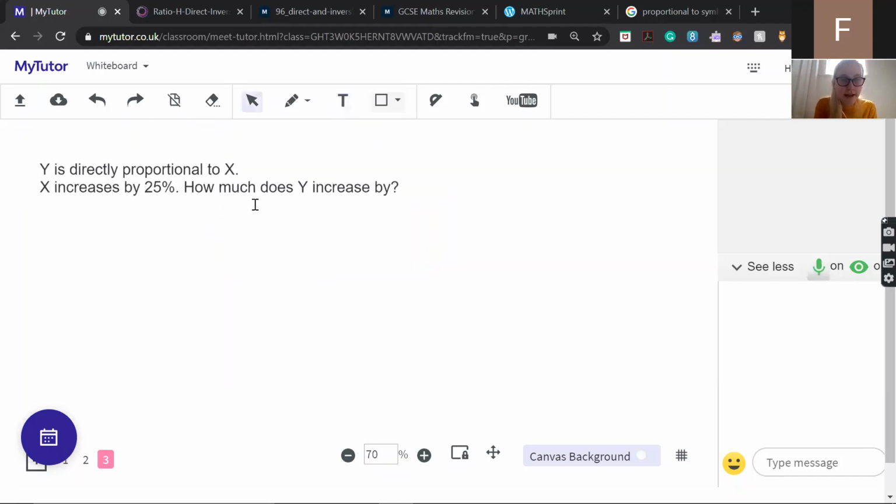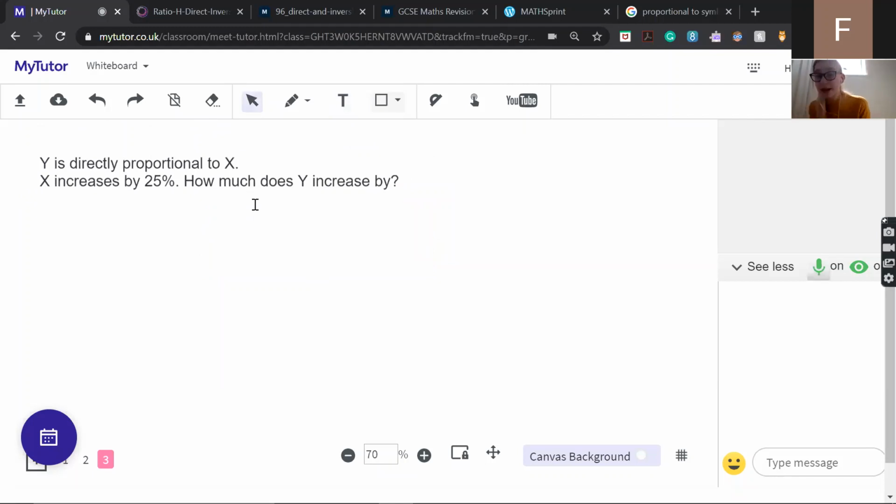So the point here is that without actually doing any maths, we know that because it's directly proportional, if X increases by 25%, Y increases by 25%. So this is technically a 1-mark question, right? It's 25%. But I'm going to show you how we would do that mathematically to hopefully make you understand what I was doing before.